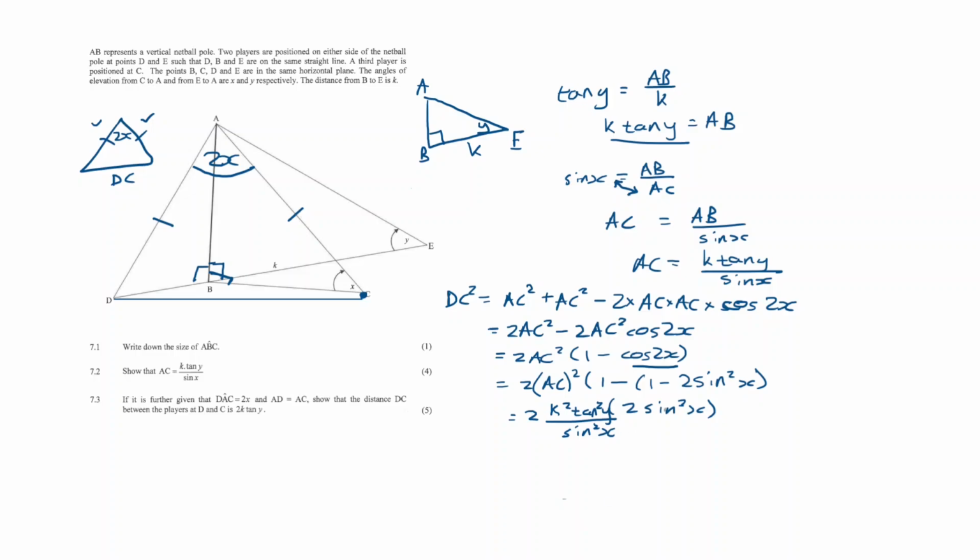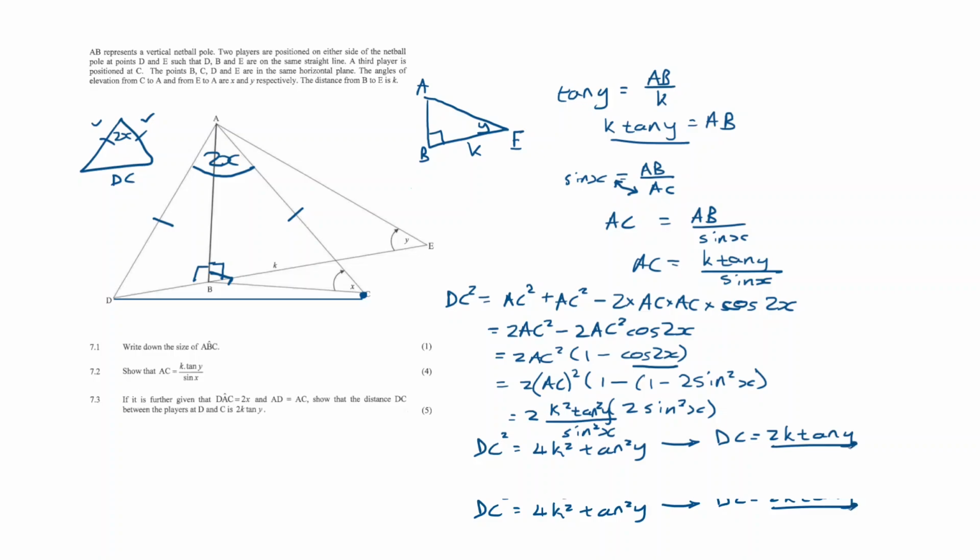The sine squared x will cancel, and so I'm just left with 4k squared tan squared y, and that's all equal to DC squared. I'm trying to just work out DC, so if I square root everything, then I'm just left with 2, a k, and a tan y, and that is what they had asked me to work out in the question.